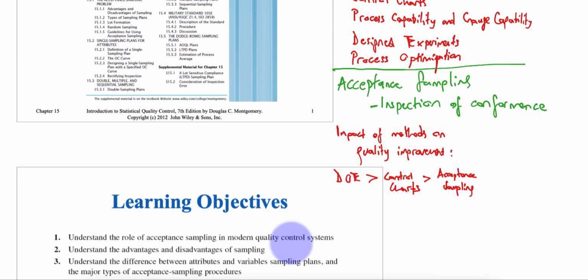Because in acceptance sampling, we are not dealing with the processes, we cannot control them, right? We cannot improve the quality of the processes. That's why the impact of the acceptance sampling on the quality of the processes is limited, but it doesn't mean that it is not significant. It is very important, but the impact of the acceptance sampling methods is not as much as the designed experiments and control charts. Remember it, alright?